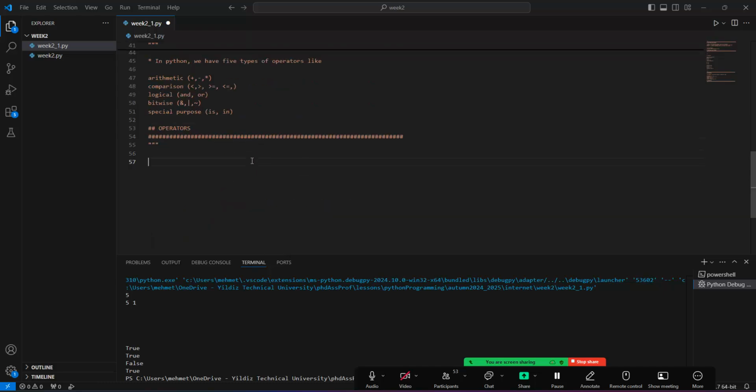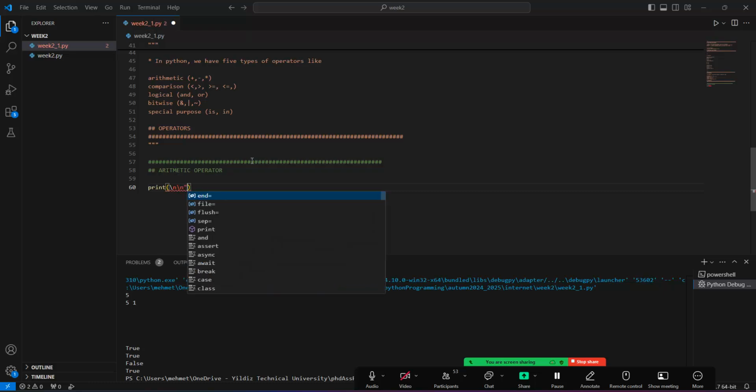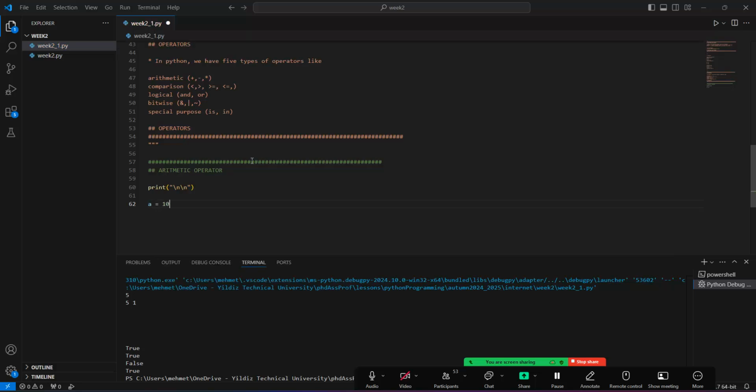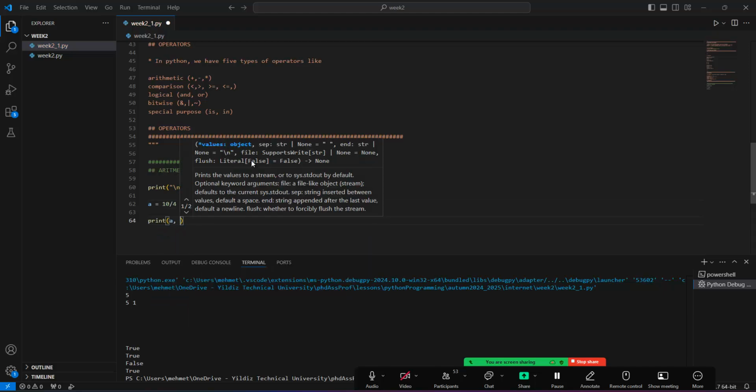In the first place, we need to talk about the arithmetic operators. For example, if a is 10 divided by 4, we can print a and print type a.